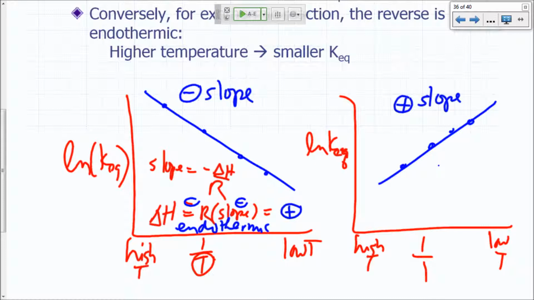Similarly, if a graph looks like this, our reaction is exothermic. Delta H here will be negative. Okay? So, is that consistent with Le Chatelier's principle? Well, let's see. Endothermic means it's favored at high temp or low temp? KEQ is larger at high temp, right?